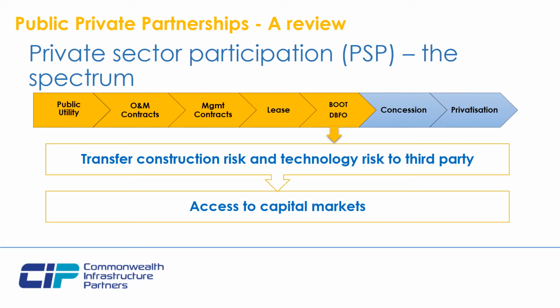So in these situations, the construction risk and technology risk are transferred to the private sector, to the third party. For example, a PPP project may involve a company designing and building a road. So they will take on the construction risk, they will take on the technology risk.